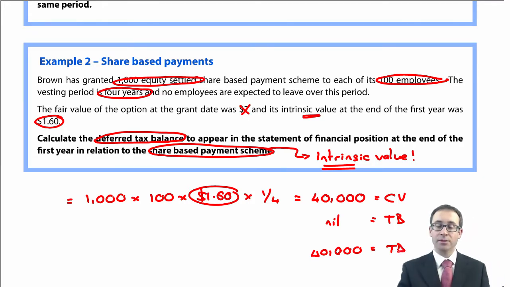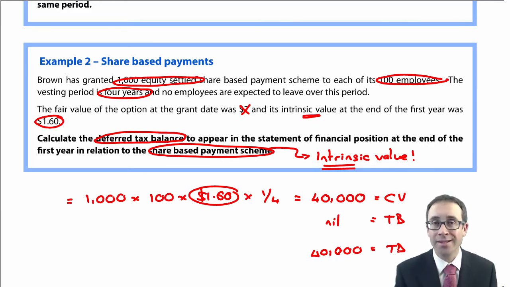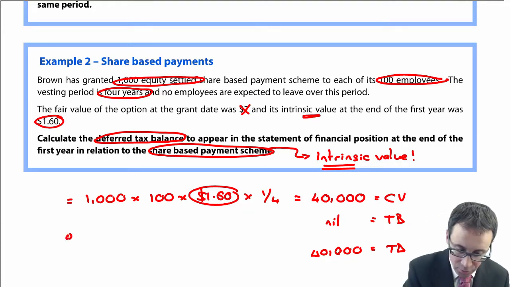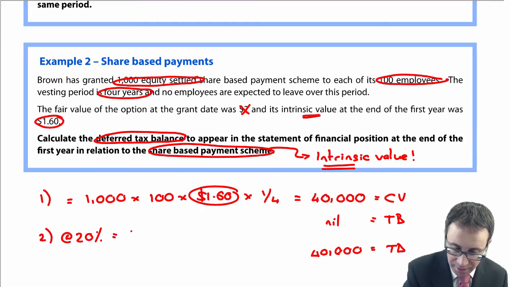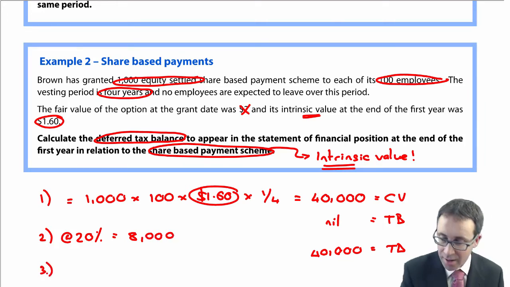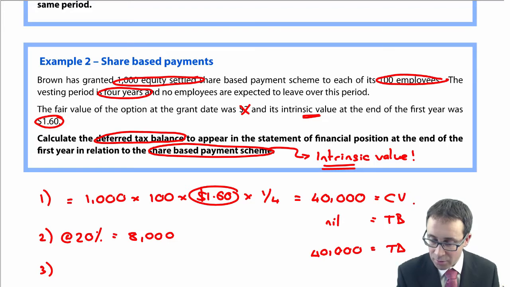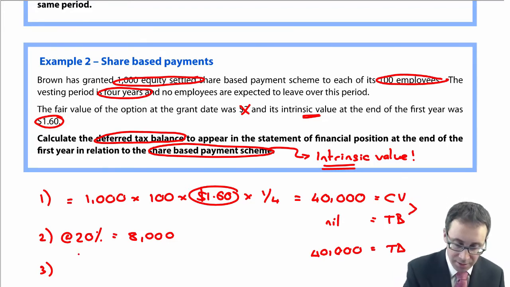Okay, if we follow on from the first example where the tax rate was 20%, then what you've got there is at 20%. So if you like, that was step 1, this is step 2. At 20%, that's going to give you 8,000. And then step 3, the carrying value is greater than the tax base, isn't it?